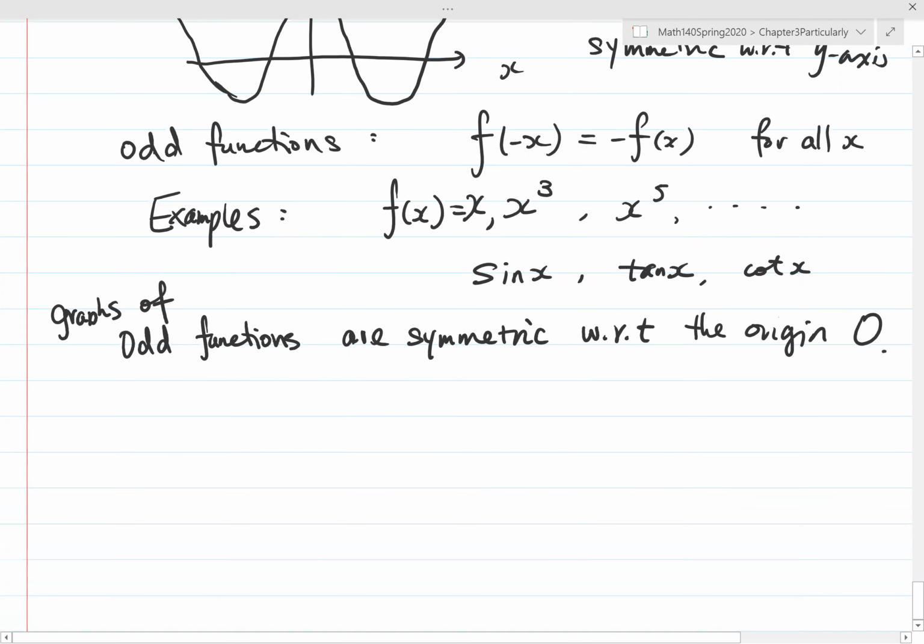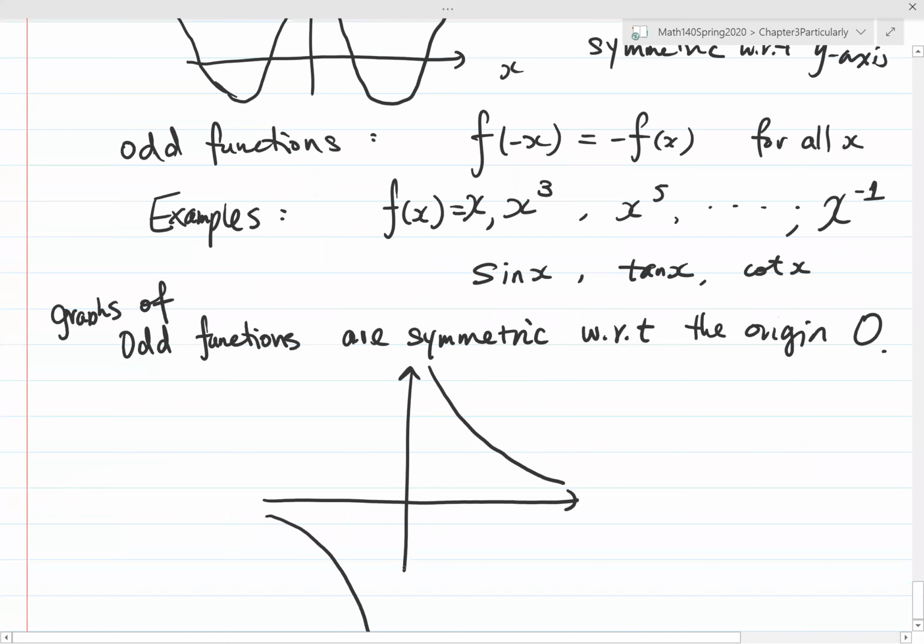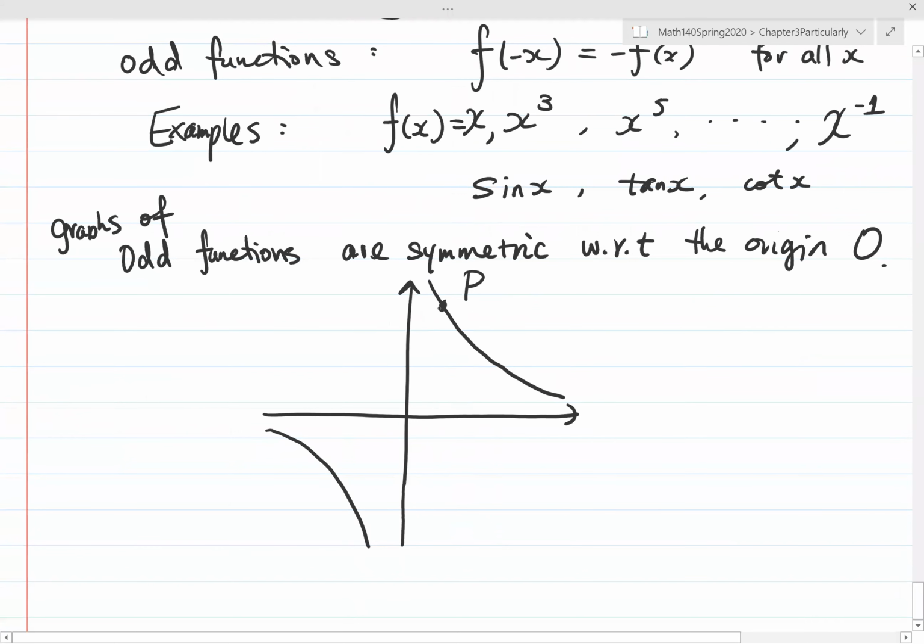For instance, of course, x to the negative 1. This is also a power of x, and it is symmetric with respect to the origin O. I.e., if we have any point here, for instance P, then by symmetry with respect to origin O, we have P prime.